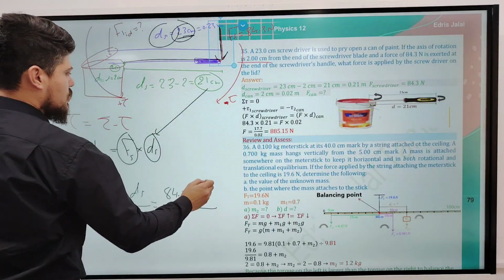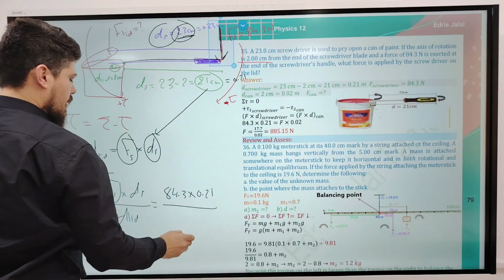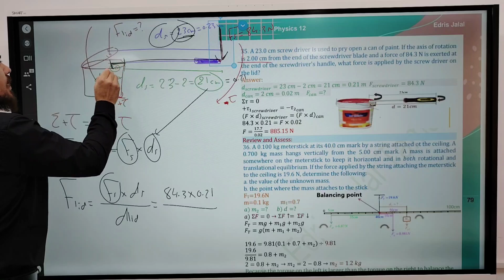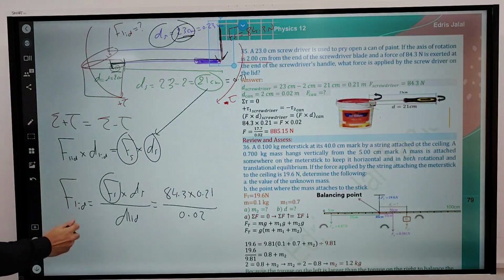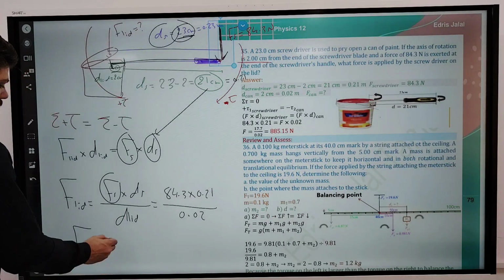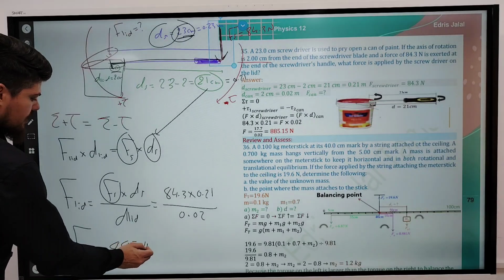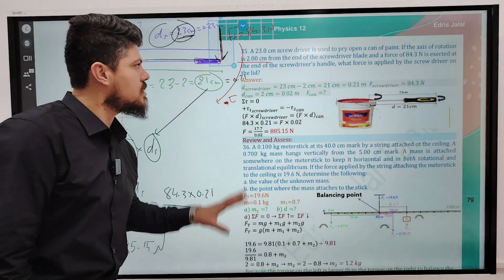Write down 21 centimeters, which is equal to 0.21, divided by the distance of the lid, 0.02 meter. The force of the lid acting on the screwdriver is equal to 885.15 Newton. Okay, this is question 35.